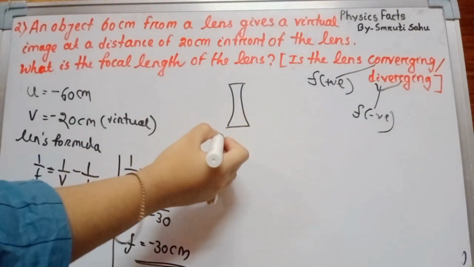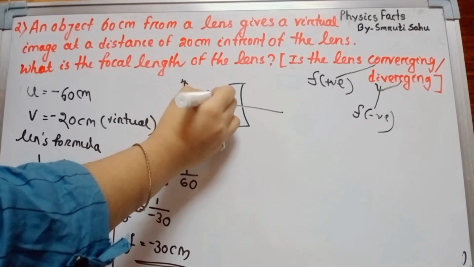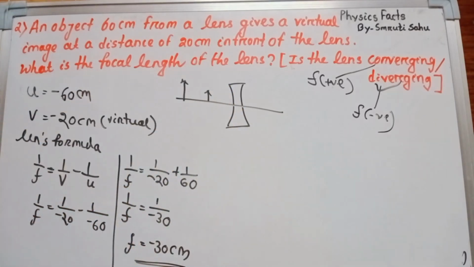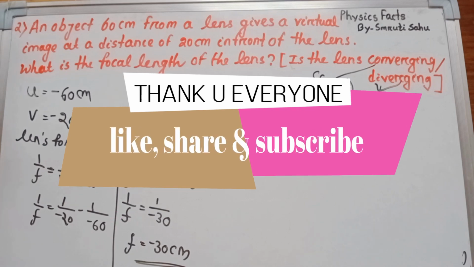Okay students, here we got a diverging lens. The object is here and the image is also produced on the same side of the object. Clear? So students, here we covered the lens formula and magnification. In the next class, we will discuss the power of a lens and combination of lenses.